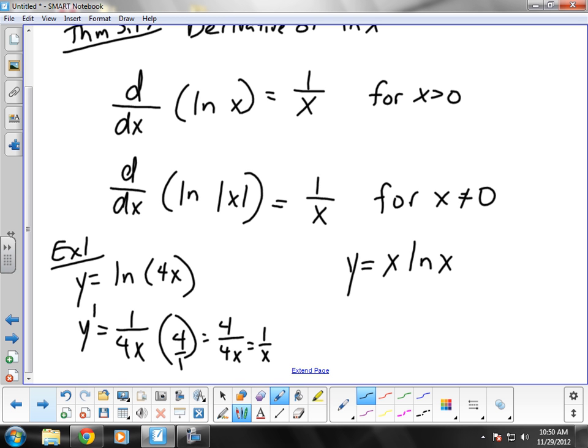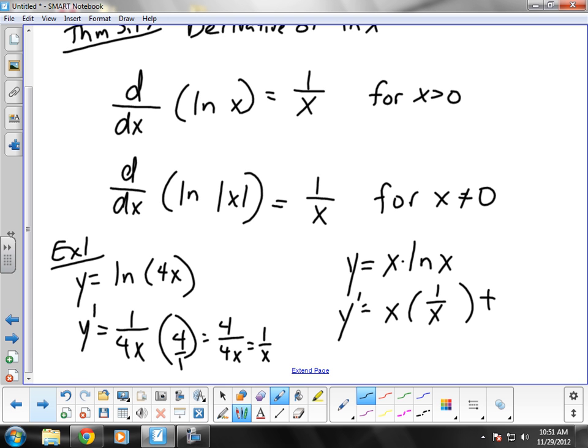On the second one here, in this example, does anybody want to tell me what I have to watch out for? It is the product rule. That's exactly right, because I've got this x times this ln of x. So the derivative of y is going to be the first times the derivative of the second: 1 over x times the derivative of x, which is just 1, so I don't need it, right?